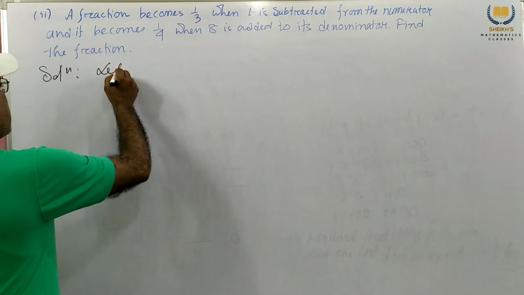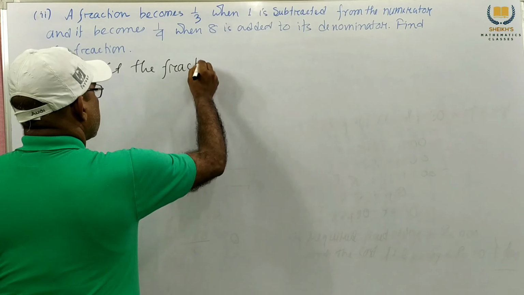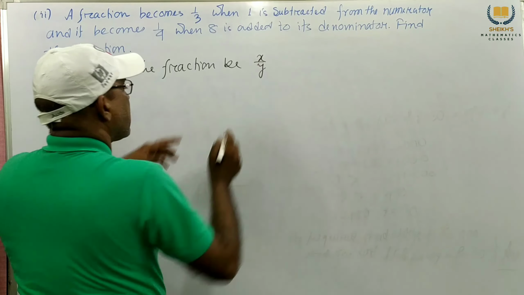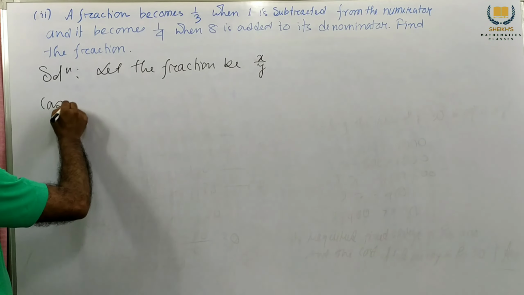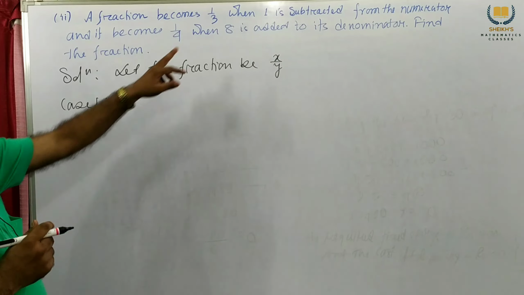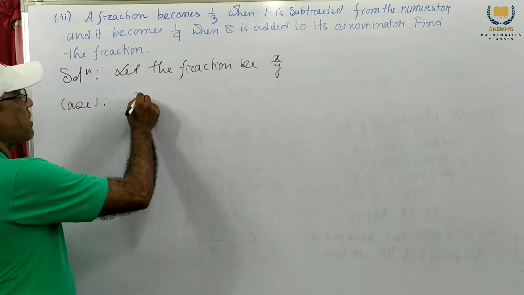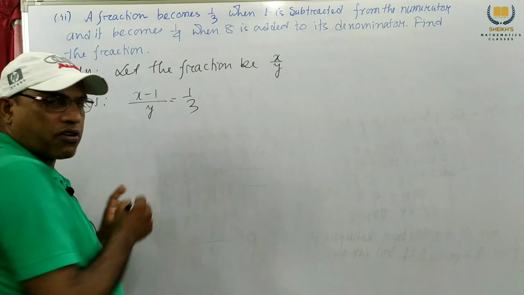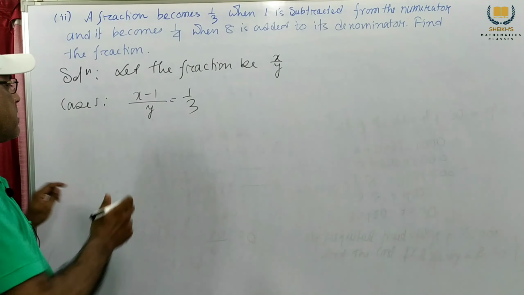Let the fraction be x by y. X is numerator, y is denominator. Case 1: when 1 is subtracted from numerator, x minus 1, then the fraction becomes 1 by 3.